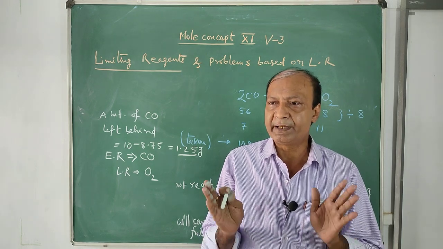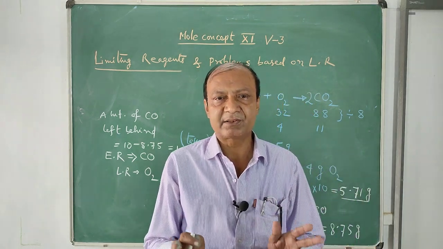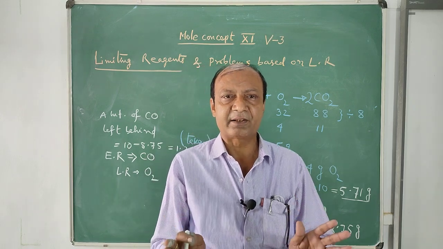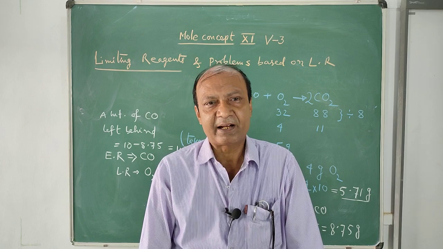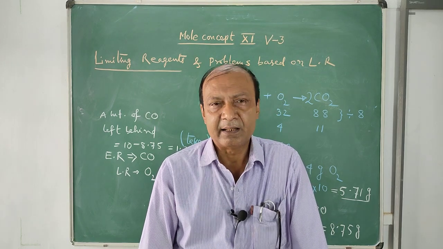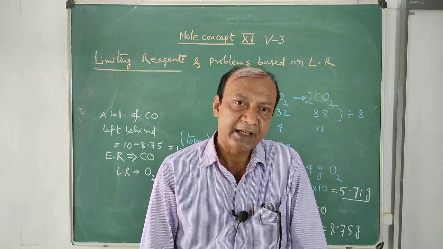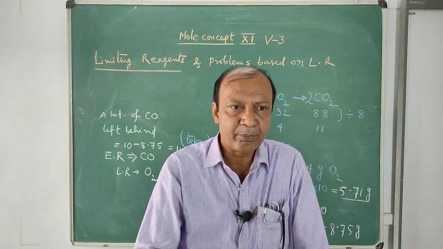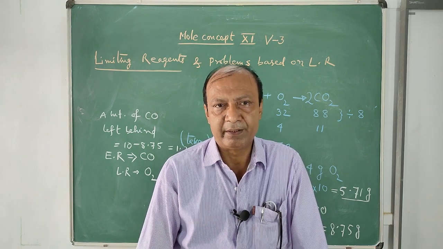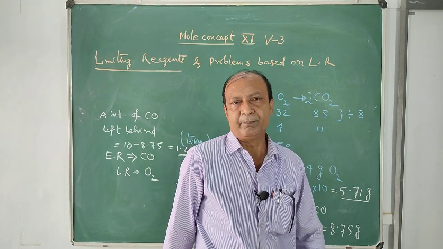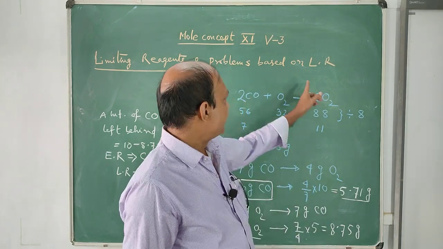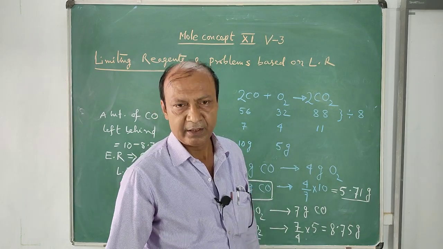So whenever for a chemical reaction the masses of the reactants are taken arbitrarily, then one of the reactants will act as the limiting reactant and the other reactant will act as the excess reactant. These are the types of problems you have to handle. So let us see a numerical problem based on the limiting reactant.